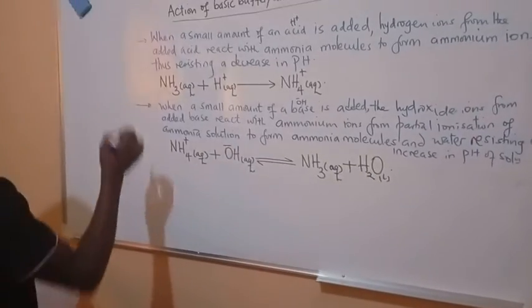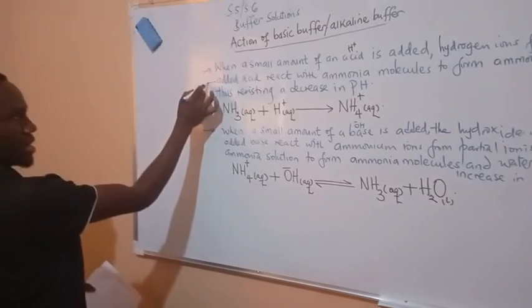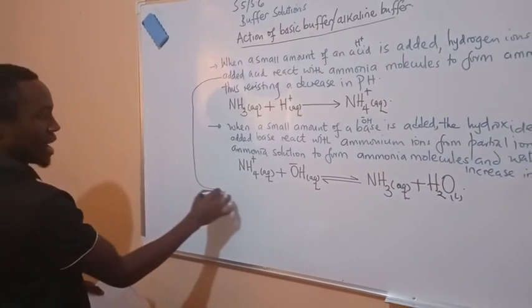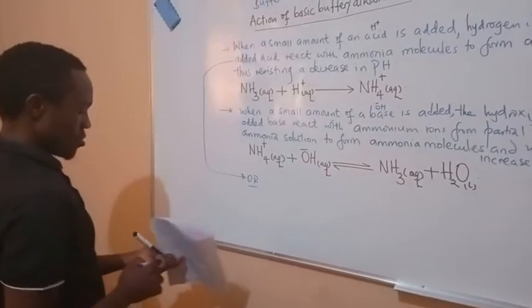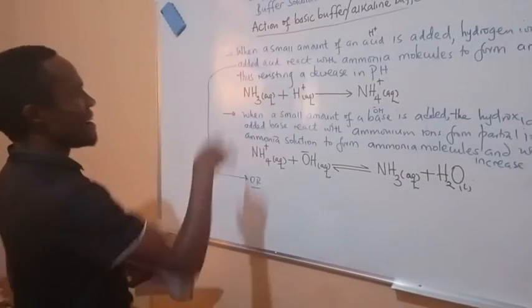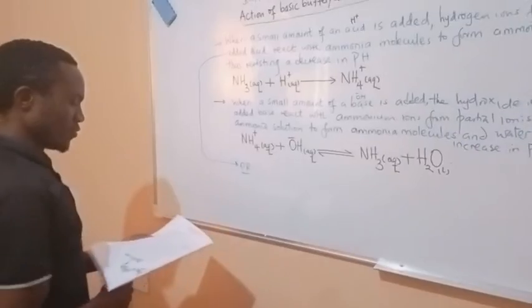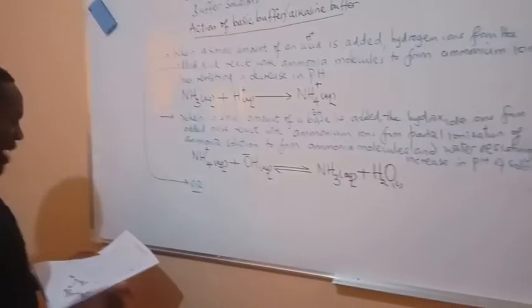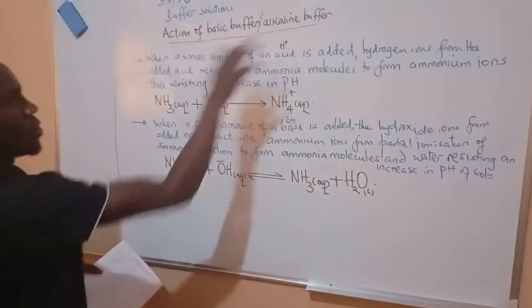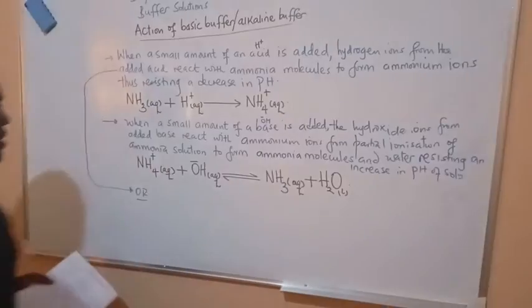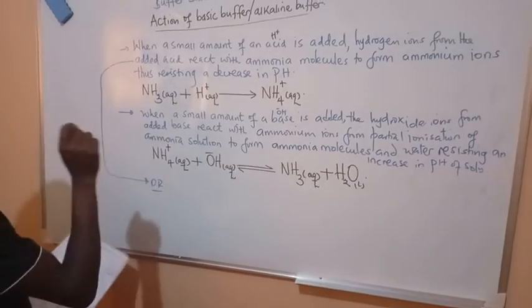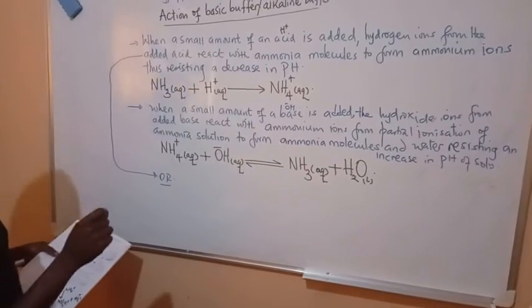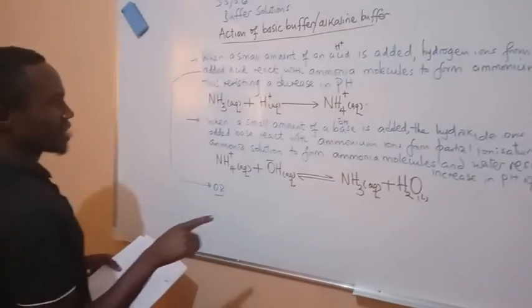Otherwise, on adding an acid, one can also write this point as: when you add a small amount of an acid, the hydrogen ions from the acid can react with the hydroxide ions from partial ionization of ammonia to form water.